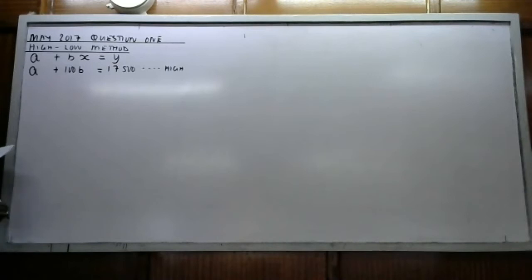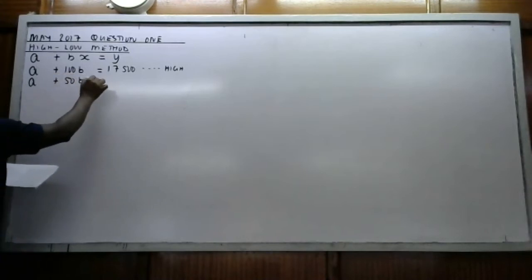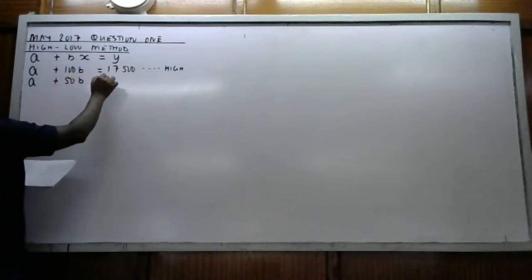Then the lowest is 50. So A plus 50B, the cost is 10,000.